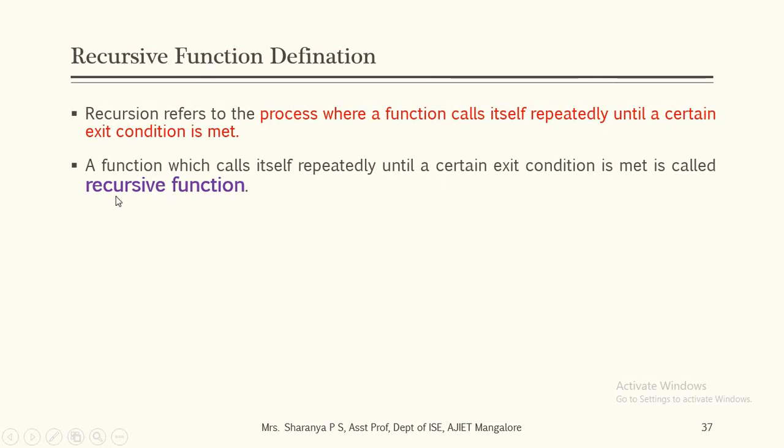Say, for example, there is a function by the name fun, and inside that function body, in the function definition, we call the same function fun once again. Whenever the control sees this function call, it starts executing the same function again.